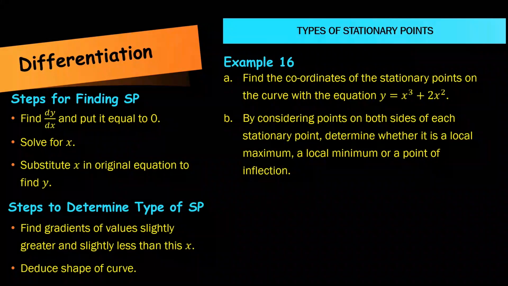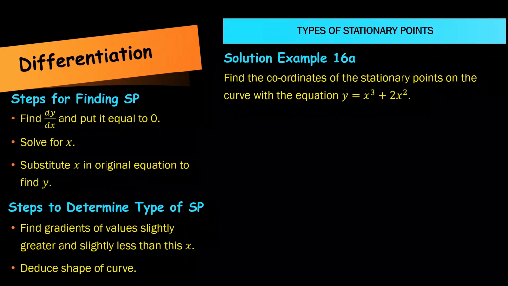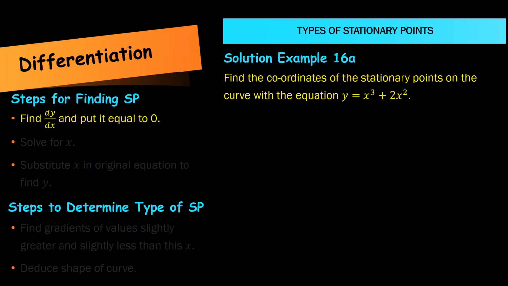Let's solve part A first. We are required to find the coordinates of the stationary points on the curve with the equation y equals x cubed plus 2x squared. So let's first find dy dx and put it equal to 0. Now y equals x cubed plus 2x squared.